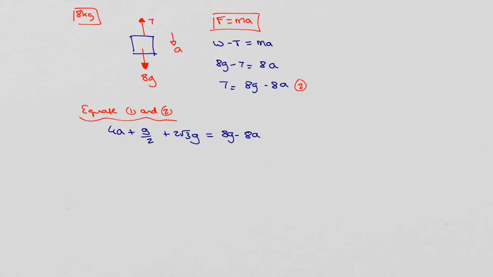And if I bring all the a's to the left-hand side, that gives me 12a. And if I bring everything else to the right-hand side, that gives me 15 minus 4 root 3 g all over 2.